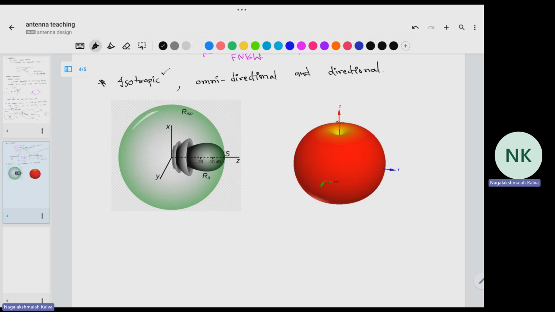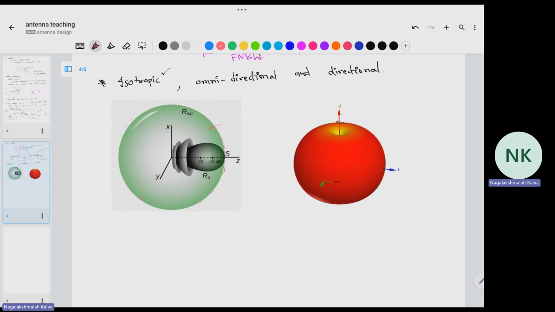So here, if you see this green color, the electric field intensity is the same in all directions. So this is like a football or any ball or sphere where all over the top it is having the same intensity.